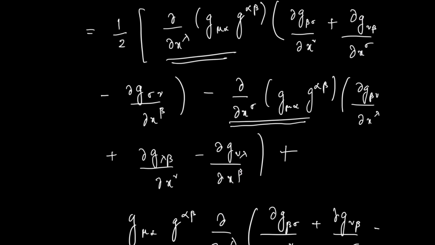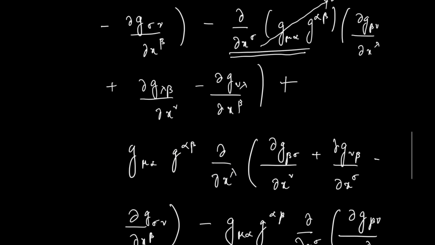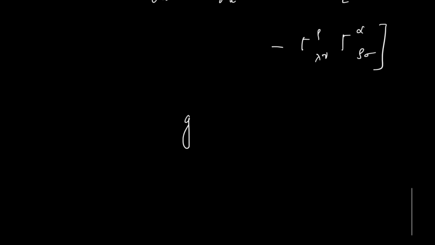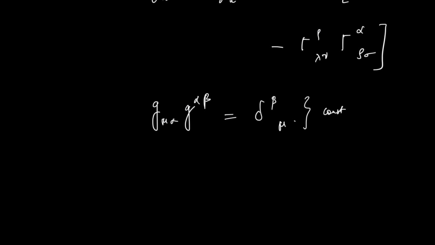Here the partial derivative of this constant will be 0. When you multiply G mu alpha and G alpha beta, you get the Kronecker tensor delta beta mu, which is a constant.